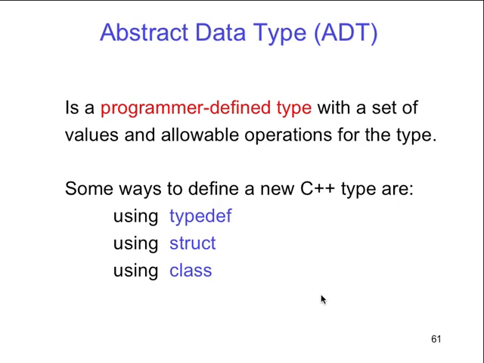So in terms of our C++ implementation of the abstract data type, it's a programmer-defined type. So it's a set of values, allowable operations, and some may define C++ types. This is where I say we have variety. We have the structure, we have the union, we have the type define, and we have the class.